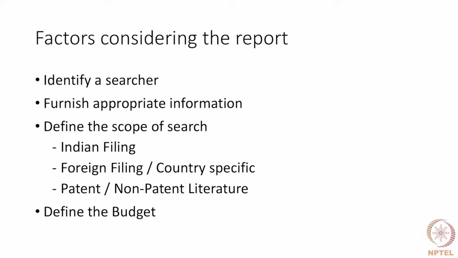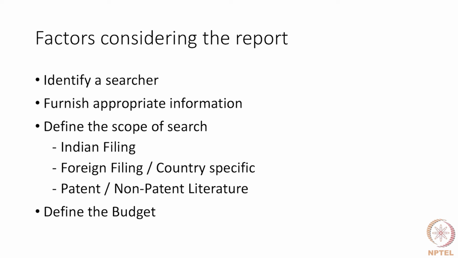Now, this is done by writing to the searcher stating what needs to be searched. If it's the Indian Patent Office, you would say that this invention is to be filed in the Indian Patent Office and you would want to search all the patents in the Indian Patent Office.